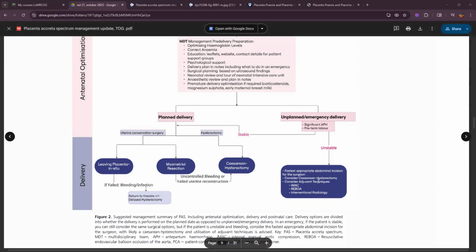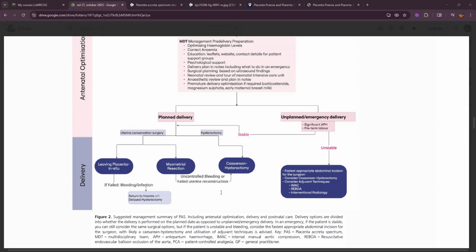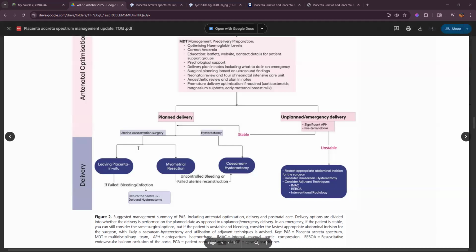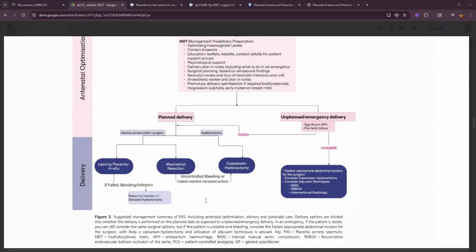Okay, so this is one of the ladies. Another one who is stable, it's either she wants a uterine conservative surgery or a hysterectomy. Part 2 champions, you are going to be asked about this.